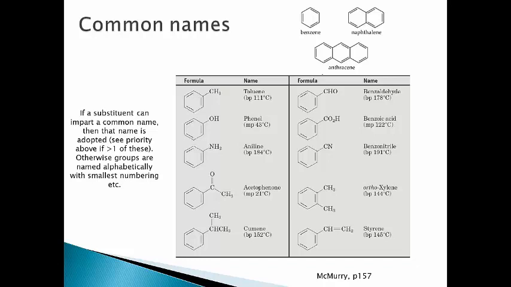Or you can go back to first principles and just use IUPAC nomenclature, where you put all the substituents out the front and you call the molecule a benzene. So in terms of our ring structures, 1 ring structure is a benzene, 2 is a naphthalene, and 3 is an anthracene ring. This is taken from McMurry.